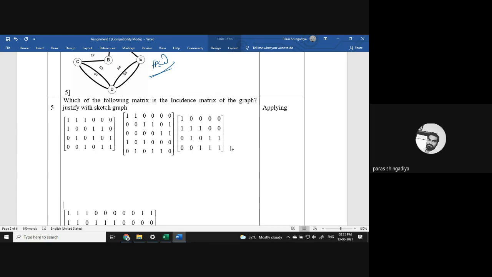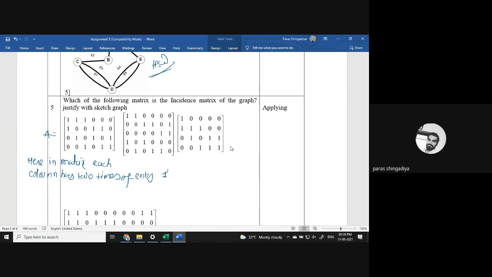If it exists, then it always follows the incidence matrix criteria. That is the definition. So the first matrix, let us say it is A. Here in the matrix A, each column has two 1s, as you can also verify.